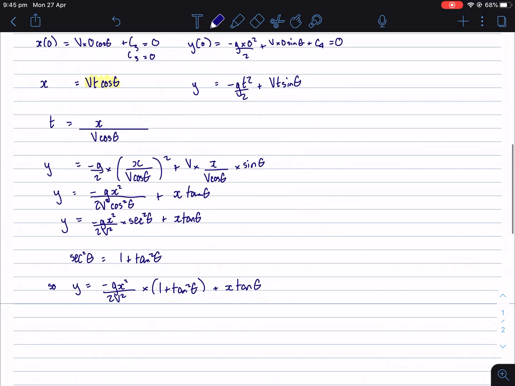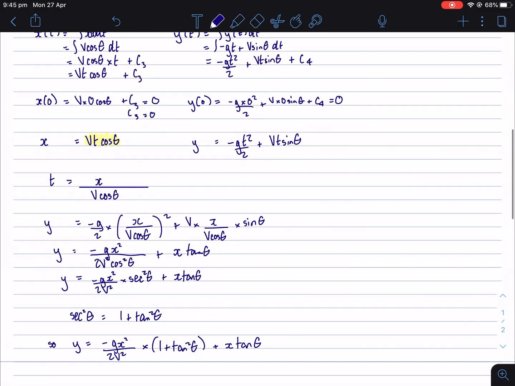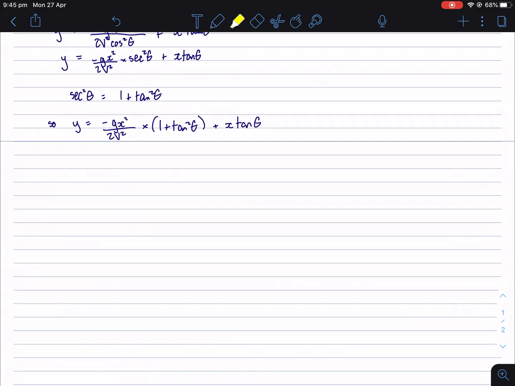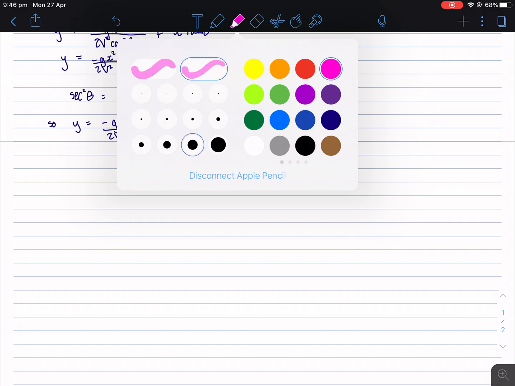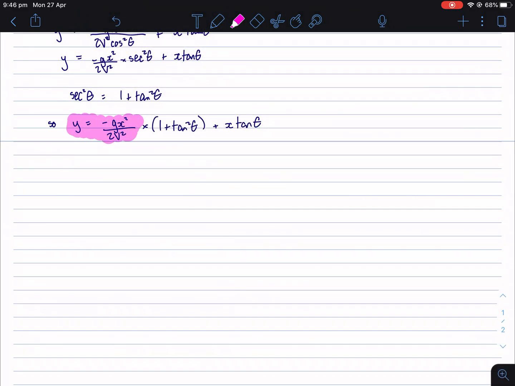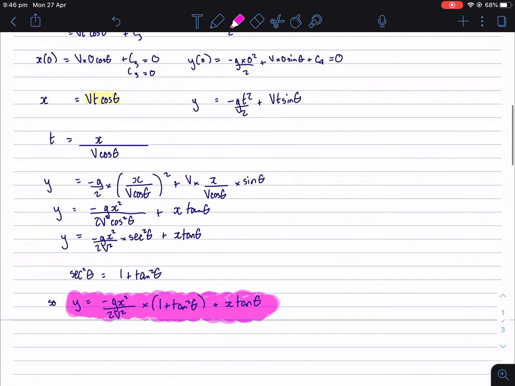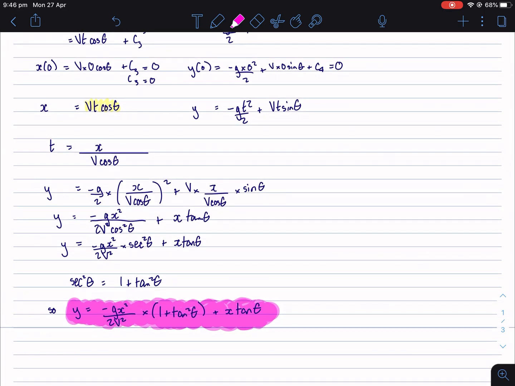Apparently you're supposed to be able to derive this one. I'm assuming they'd talk you through the steps. Yeah, this one's also very useful.